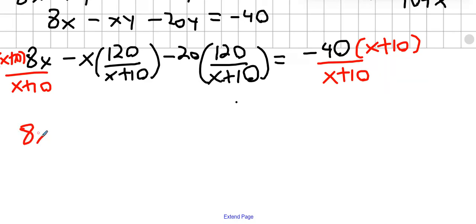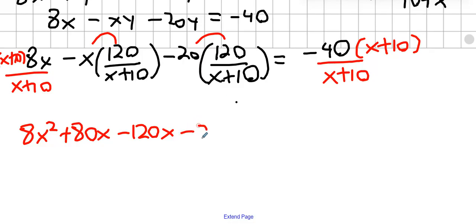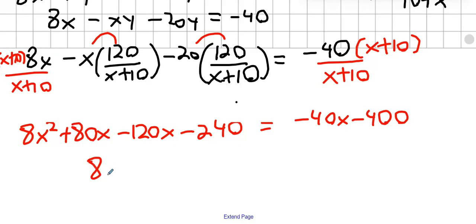It's 8x squared plus 80x minus 120x minus 240 equals minus 40x minus 400. And then bring it all to one side. 8x squared. Actually, the 120x's are going to cancel, aren't they?